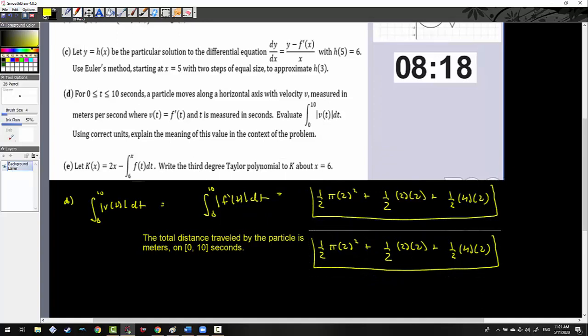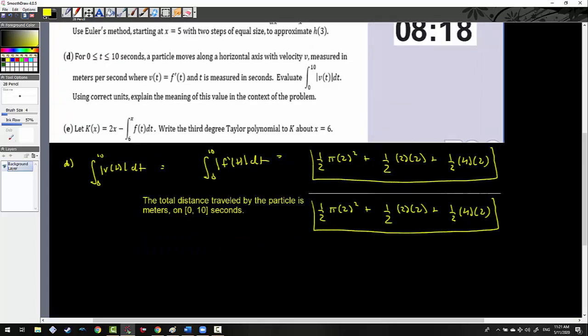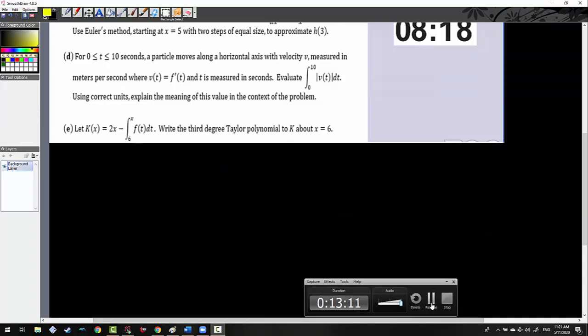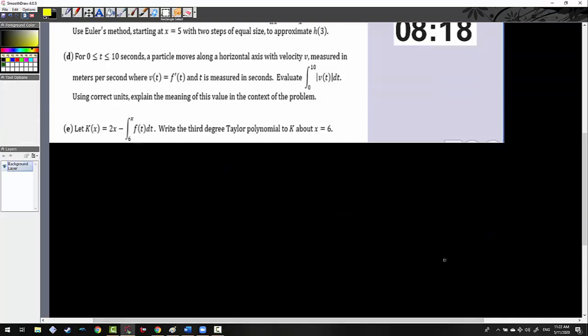Should be pretty fast. Okay, part E is a little bit of a bear, so I'm going to clean up the board yet again, and we are going to come back to this one. Now that the board is all cleaned up, let's write down, and whenever I do a Taylor question, I always write down my generic Taylor polynomial first.